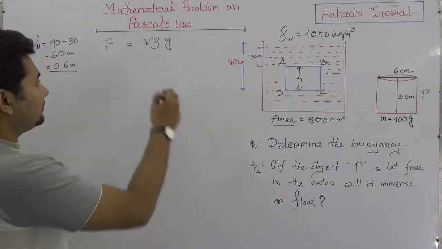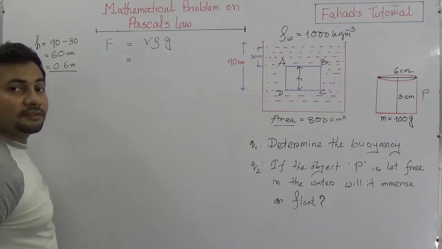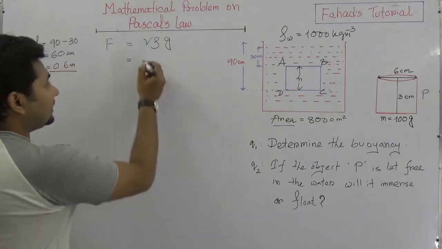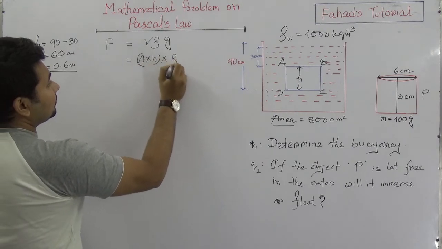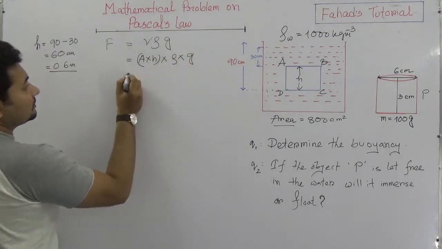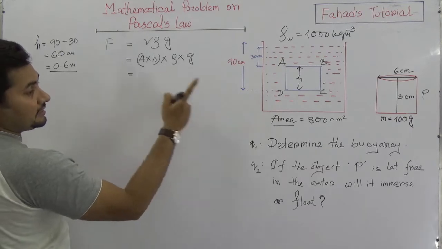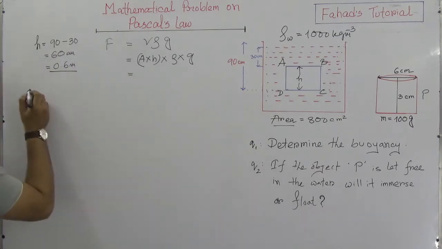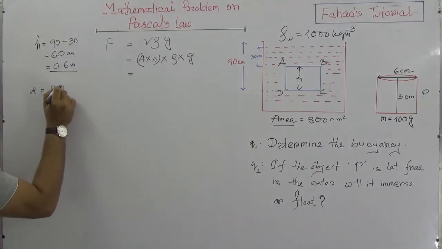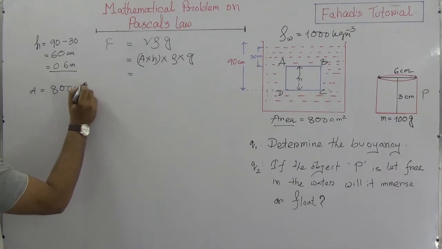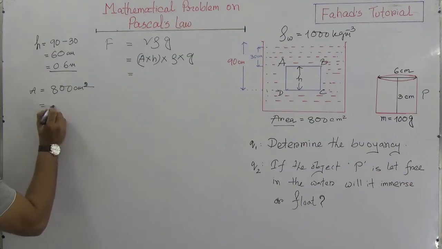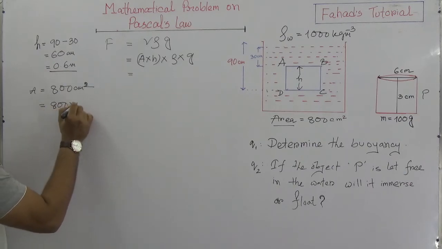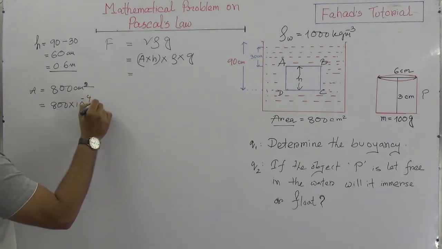Fine. Now, V is what? V is area times height, then rho and g. Now A is given as 800 centimeter square, and we need to make it meter square. So what we need to do is multiply by 10 to the power minus 4 meter square.